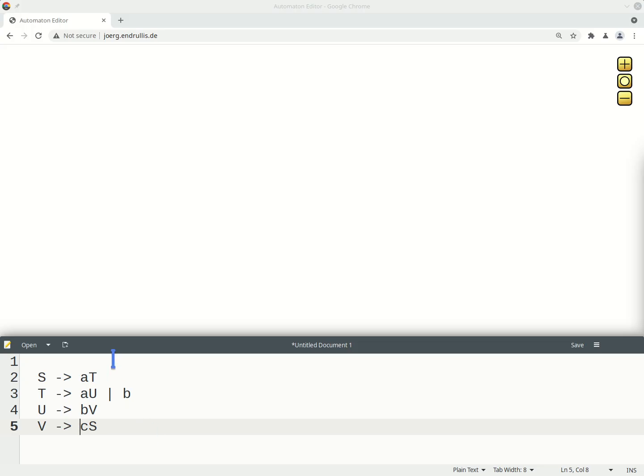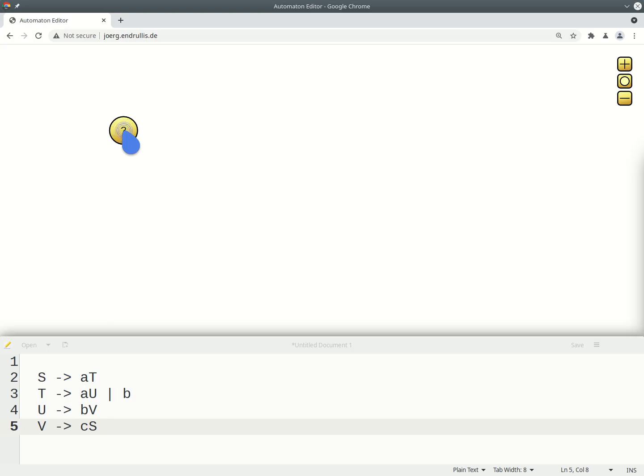The states of our automaton are basically the variables of the grammar, plus an additional state for acceptance, omega. So we have a state S, we have a state T, we have a state U, and we have a state V. And additionally, we need the state omega for acceptance.